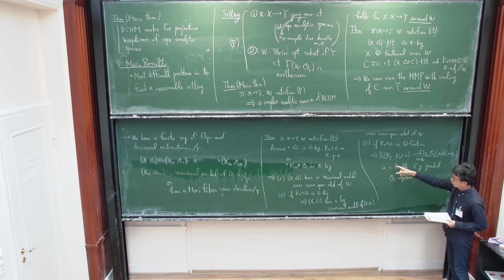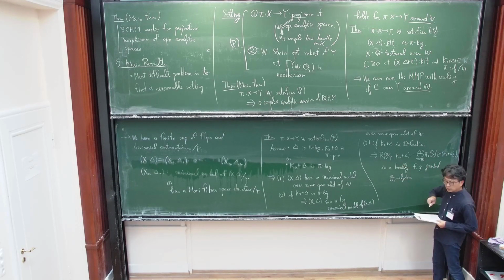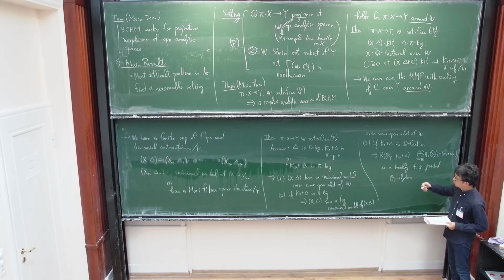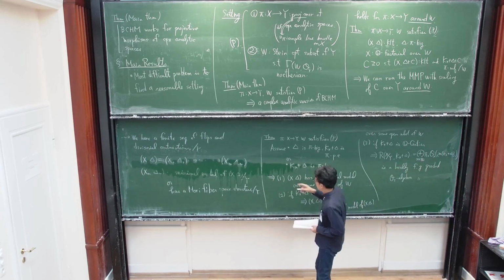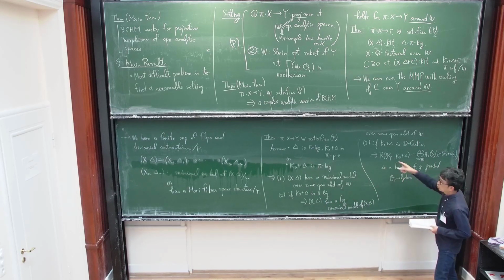This means for any given point P of Y, we can take an open neighborhood of P, and on that open set, this is a finitely generated O_Y-algebra. In our case, Y is a complex analytic space, and Y is not necessarily compact.